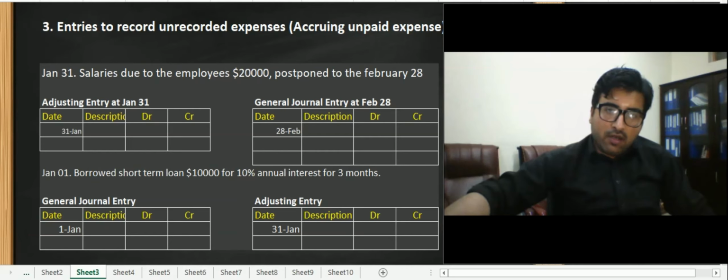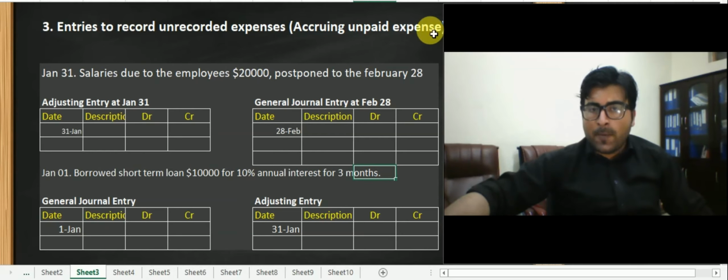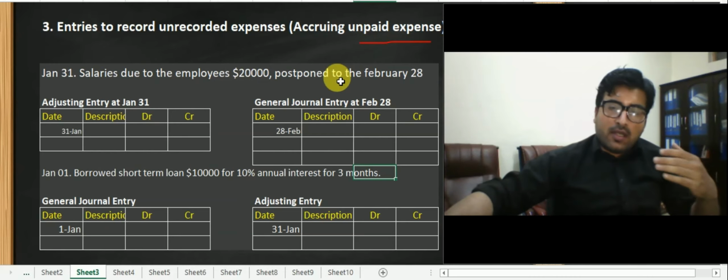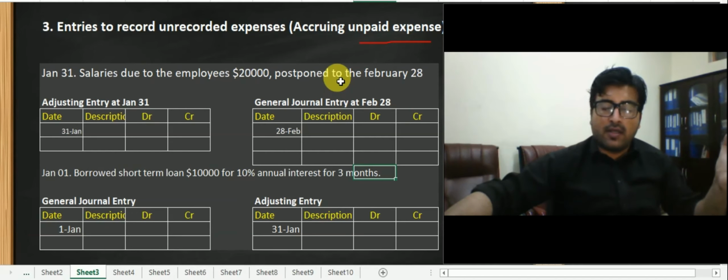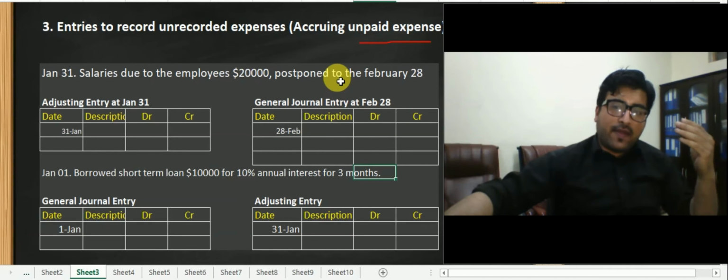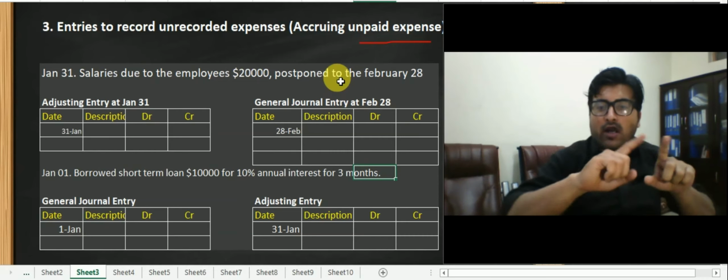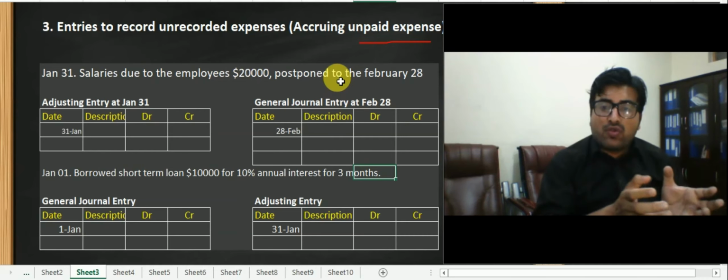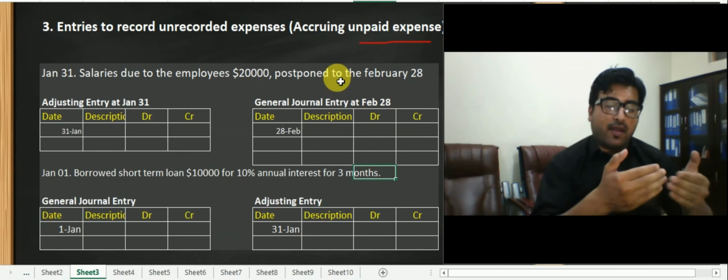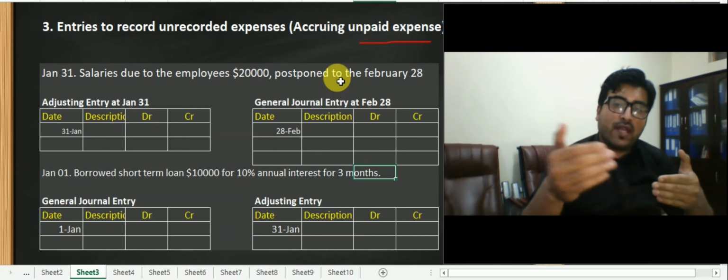In the third one, we have entries to record unrecorded expenses, accruing unpaid expenses. What does this mean? This means in some situations, businesses do expenses but they do not pay it. For example, it's the end of the accounting period, the end of January 31st, and the company is about to pay the salaries, but the company postponed the salaries into the next month.